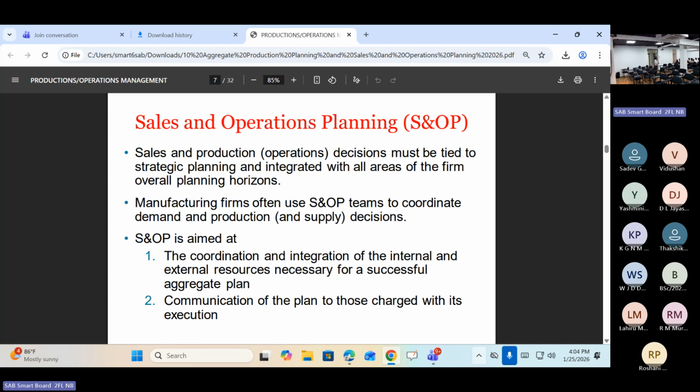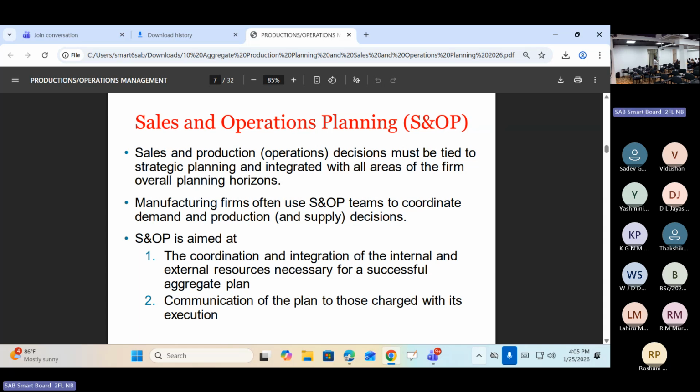At least 2 departments you can identify. What are the 2 departments that should come together? Sales team and production team. So maybe representing each department, the heads or managers will come together for their appointments.